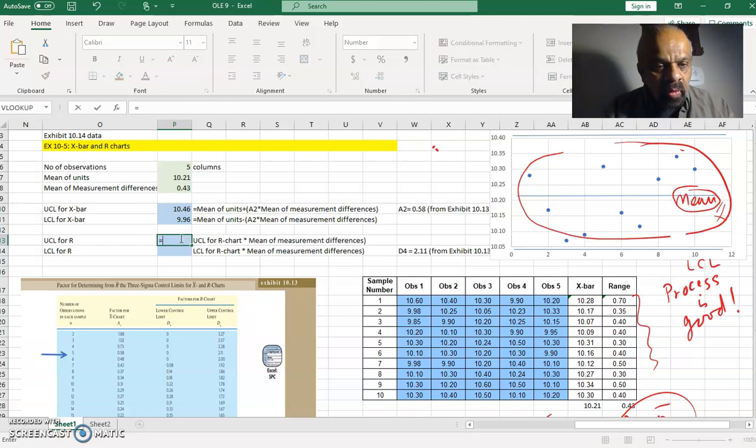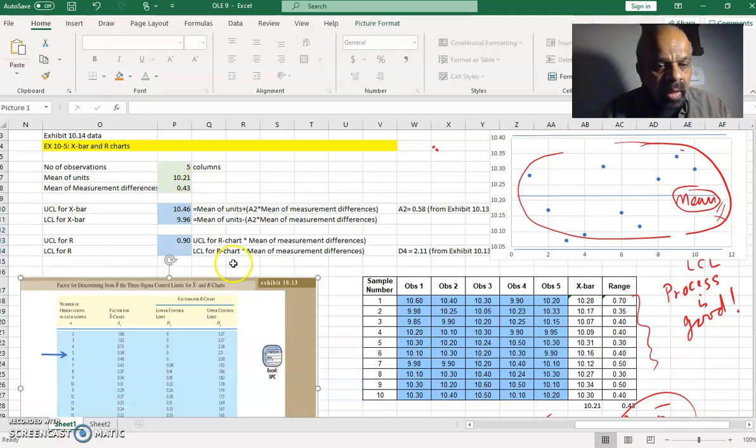It is going to be equal to D4, which, if you look at D4 here across 5, is 2.11 from this figure. So 2.11 times the mean of the ranges, 0.43. That is my UCL.